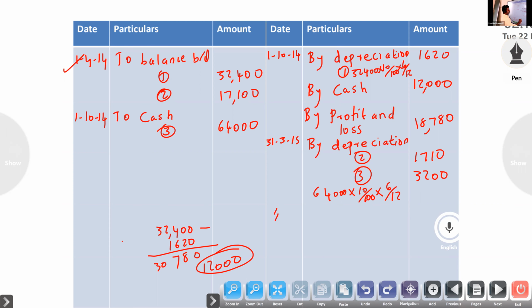Now by balance CD. 17,100 minus 1,710, so 15,390.